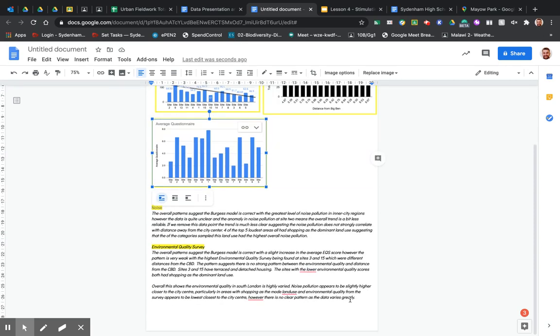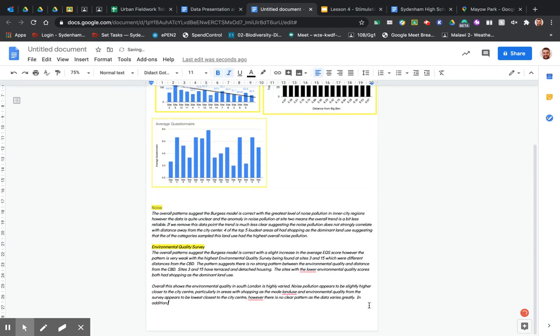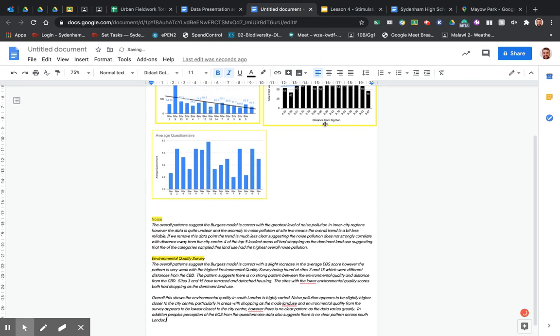But something along the lines of, I could just add in addition, people's perception of the EQS from the questionnaire data also suggests there is no clear pattern across South London.